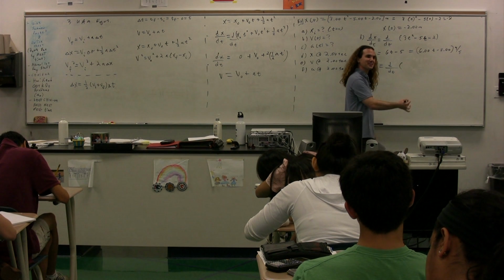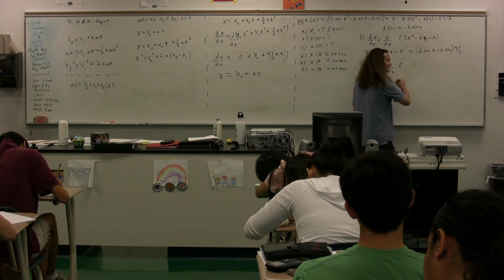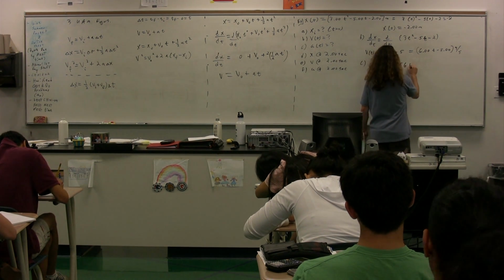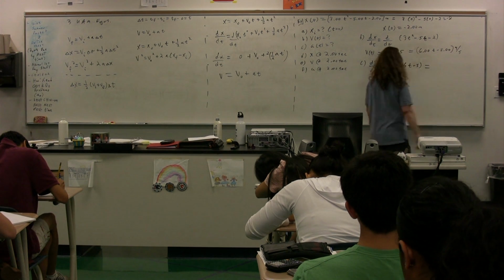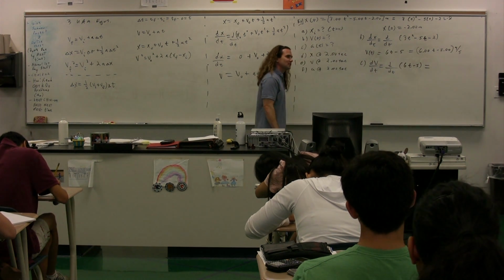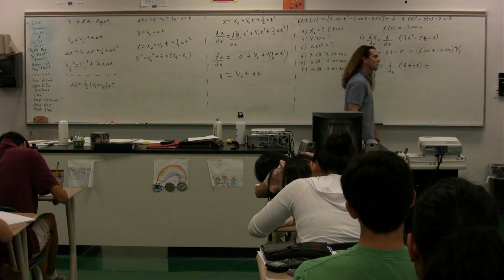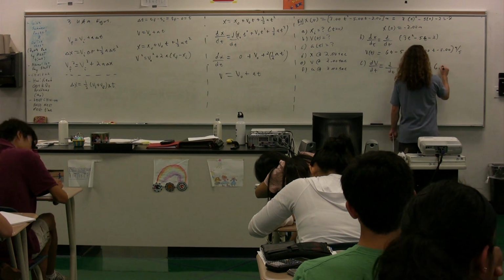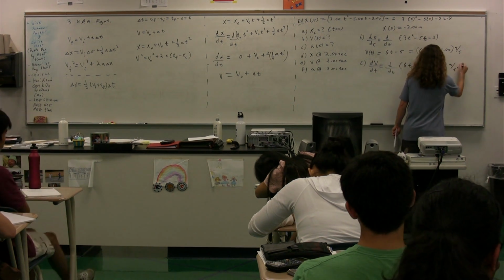I like to be very clear. The velocity, which is 6t minus 5. The derivative of 6t minus 5 with respect to time is 6.00 meters per second. Very nice.